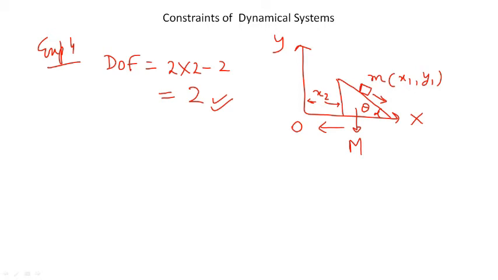Now what are the non-holonomic constraints?